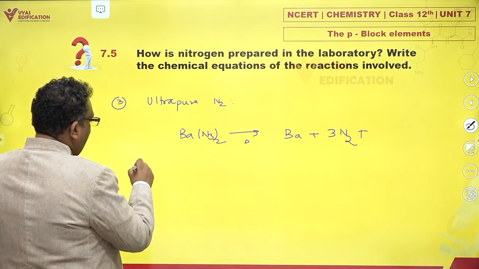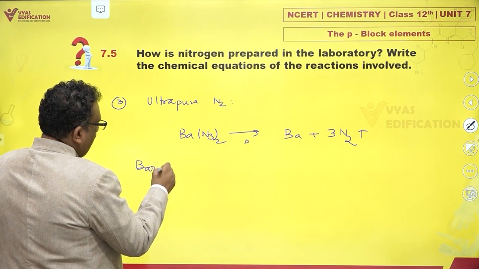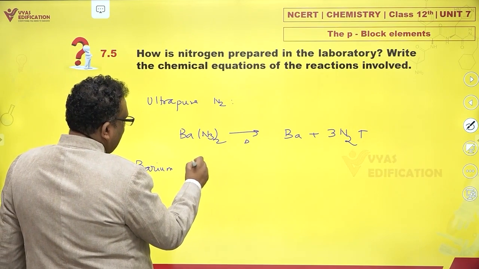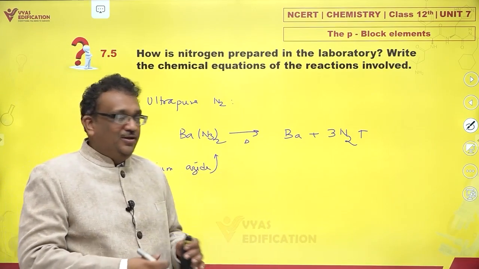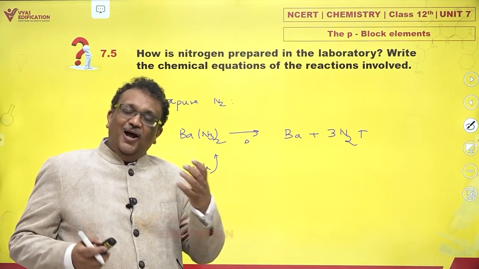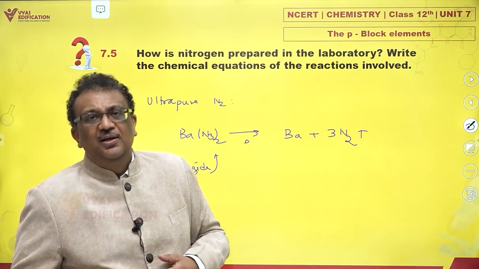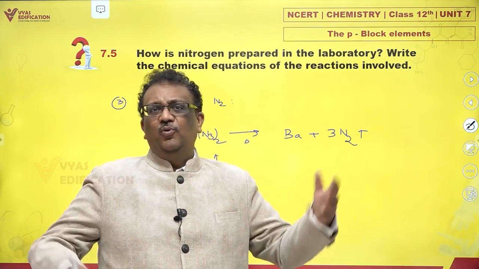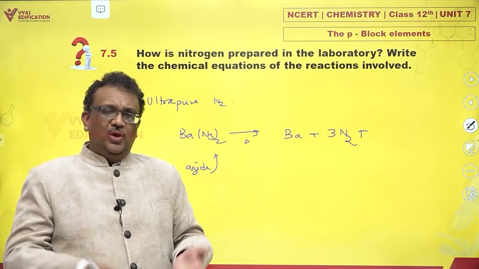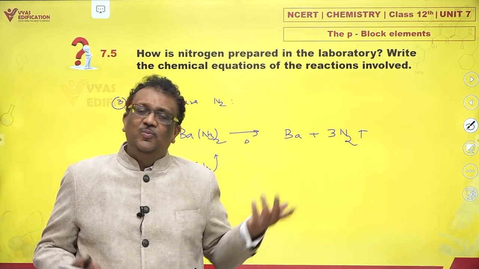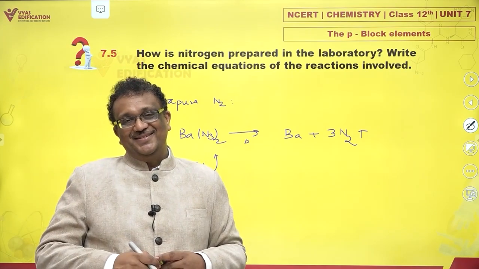What is this? This is barium azide. It is obtained with difficulty, but if you can afford it, you get again ultra pure nitrogen. Why small quantities? Because it is expensive. I mean, if you can afford large trucks of barium azide, heat it, you get large quantities of ultra pure nitrogen, also no problem. These are the three methods.